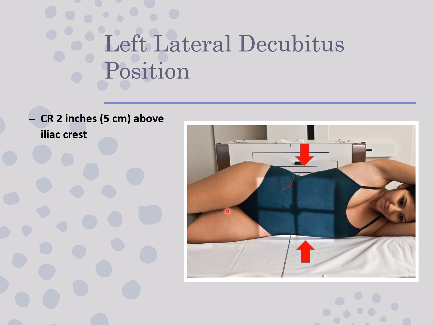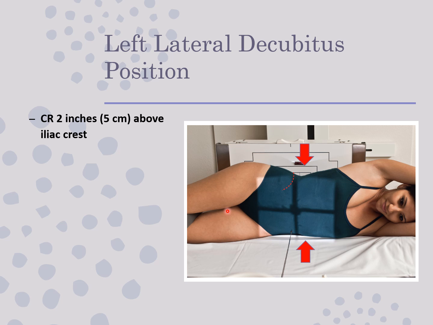Anytime you're trying to demonstrate air fluid levels in the abdomen, your central ray would have to be 2 inches above iliac crest to demonstrate the diaphragm. So only an AP supine abdomen is at the crest, and that's only if it's one IR placed portrait.